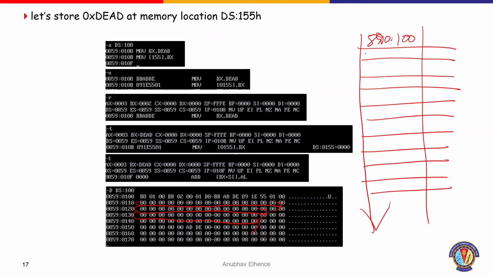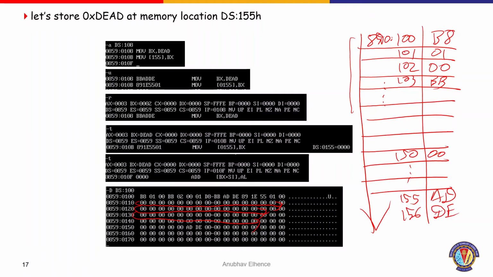So you can go on 101, 102, 103, and keep on picking up the values and filling them here: B8, 01, 00, BB, and this way you can keep on coming down till the 150th, and here you can put 00. Finally at 155 you will find AD, and at 156 you will find DE.